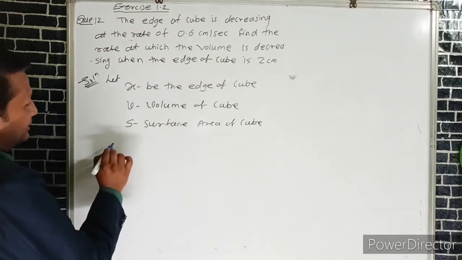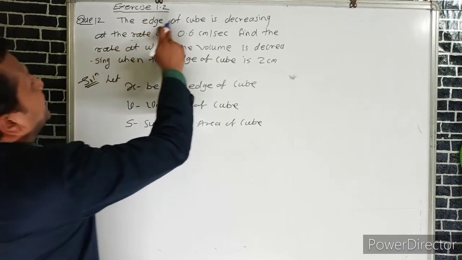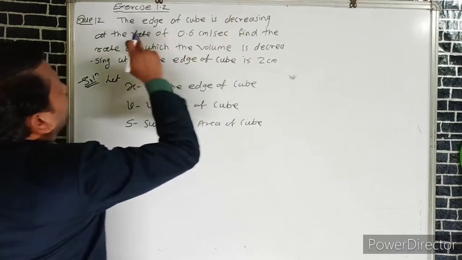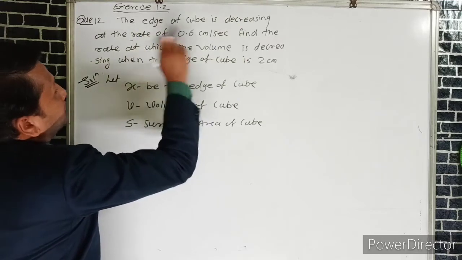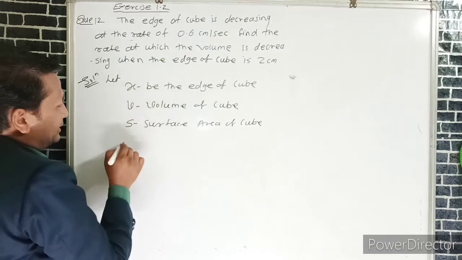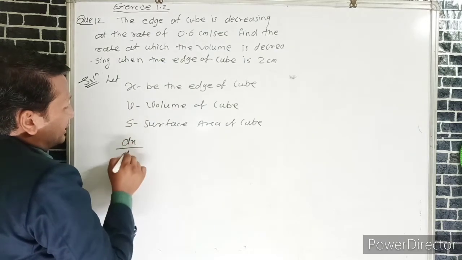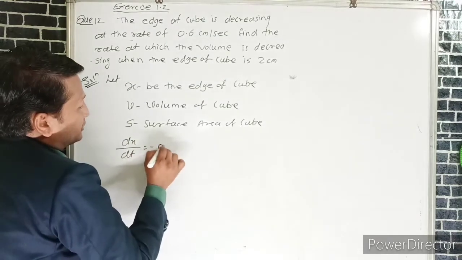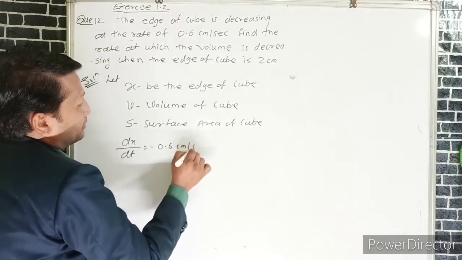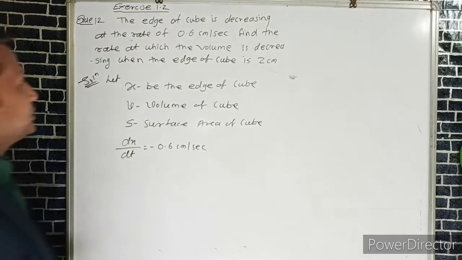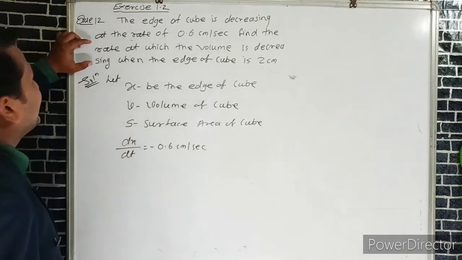Here by the given condition we can say that the edge of the cube is x, and the rate of change of x with respect to t is 0.6 centimeter per second, hence we can write dx upon dt is equal to, in decreasing order, minus 0.6 centimeter per second. Again, find the rate at which the volume is decreasing.